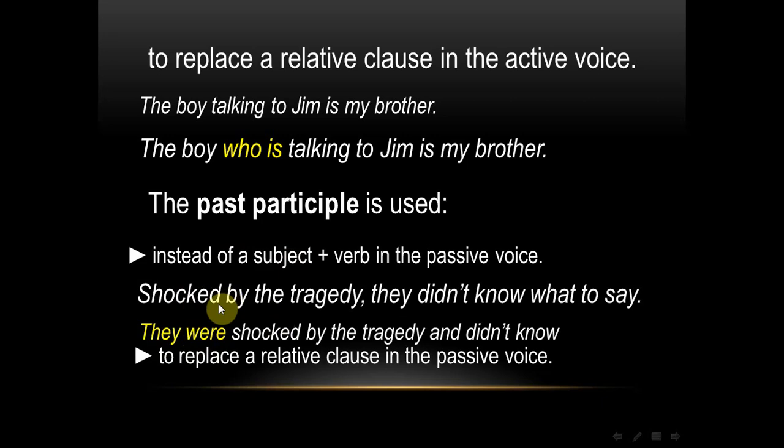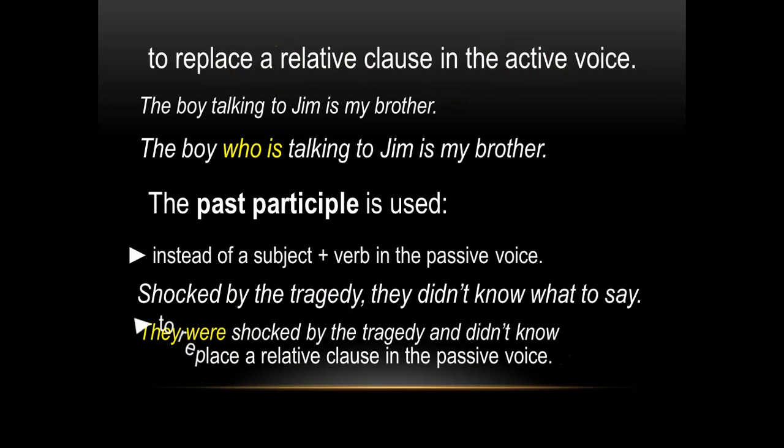To replace a relative clause in the passive voice. زي ما قلنا من شوية، فاكرين، كان في relative clause بس دي كانت في الأكتف. هنا لو الجملة في الباسيف يبقى أسيب التصريف الثالث هو اللي يحل محل الجملة الموصولة.